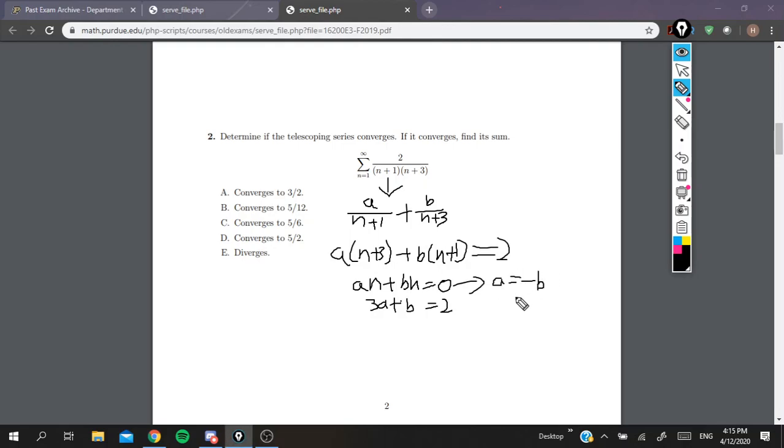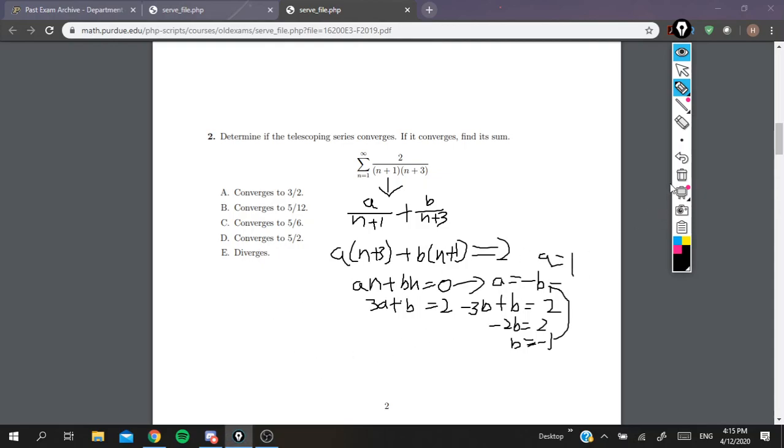And you can plug this back in here, in which it will be negative 3b plus b equal to 2, and negative 2b equal to 2, and b equal to negative 1. In which case, when you plug this back here, then a will be 1.